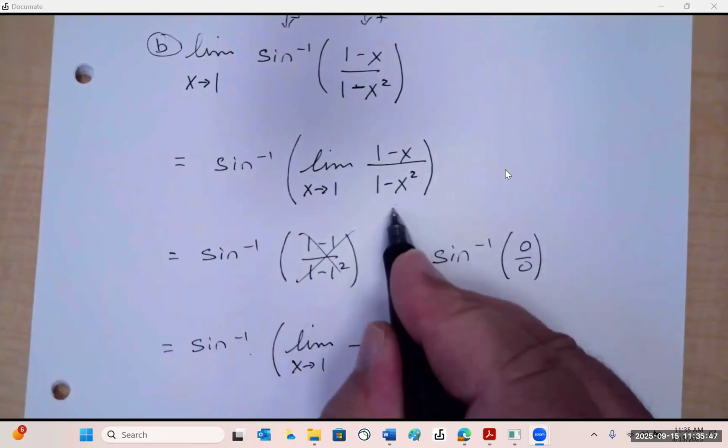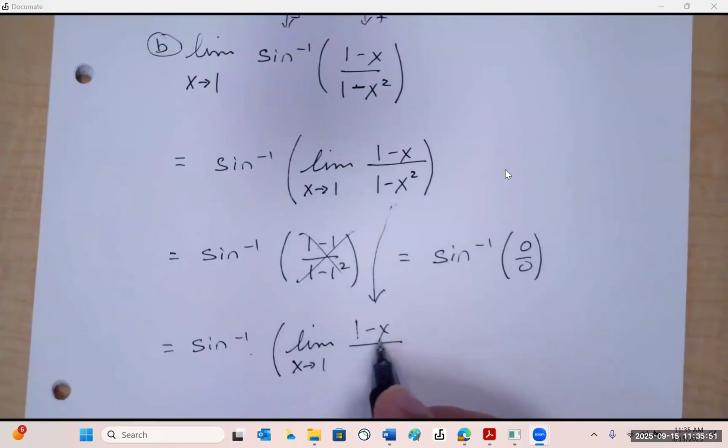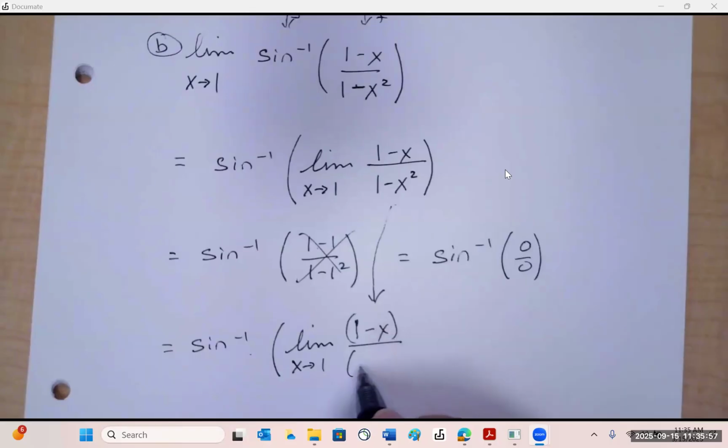In this equation, the top is already factored. Can the bottom factor out any further? It's a difference of two squares. So it's 1 minus x times 1 plus x.